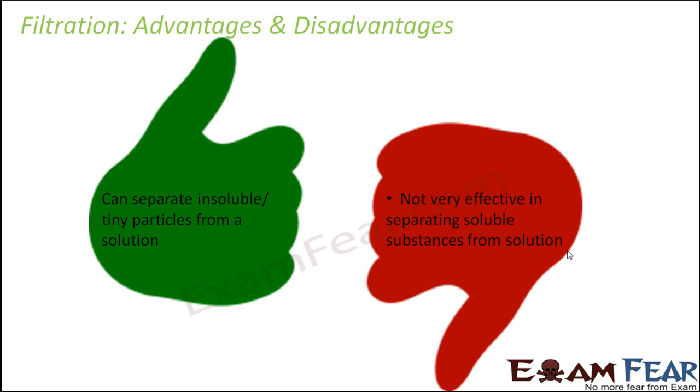If you want to separate salt and water from a salt solution, will you be able to do it by filtration? No, because salt is soluble in water. So any substance which is soluble in water cannot be separated using filtration. It is only effective for separating solid particles which are insoluble in a particular liquid.